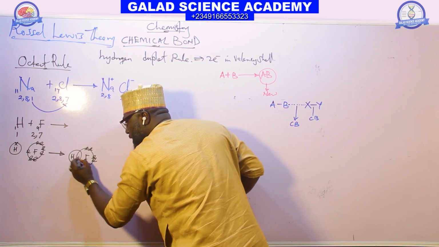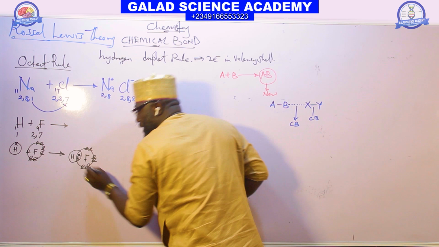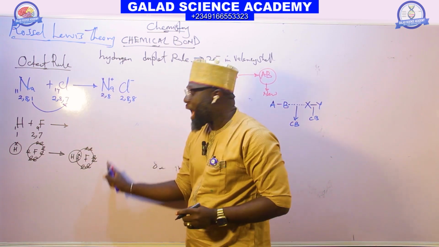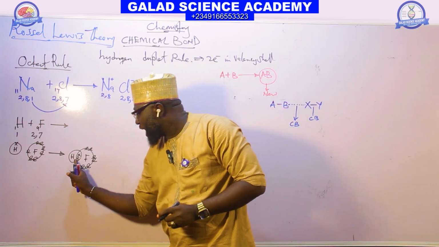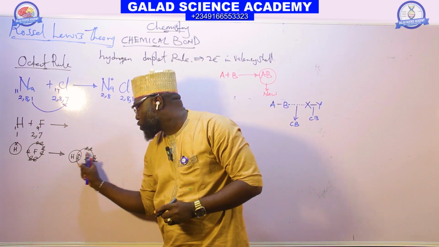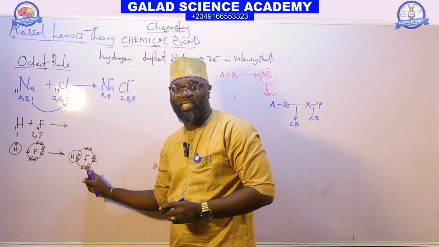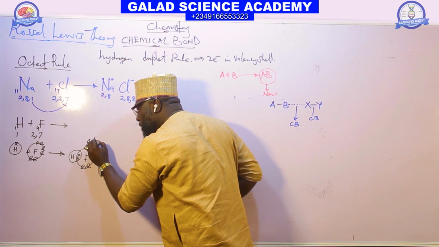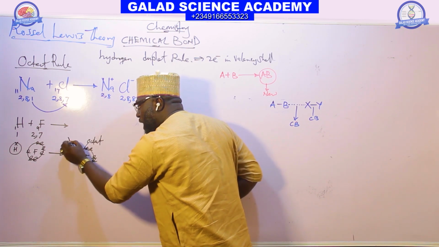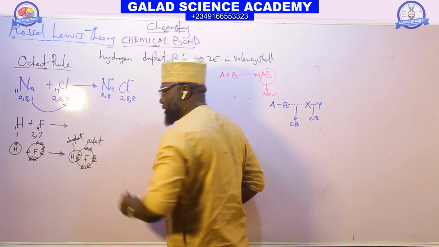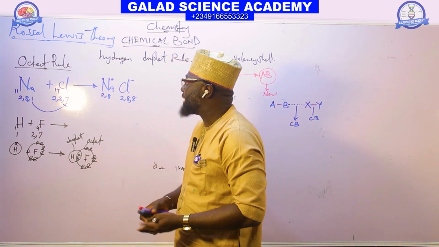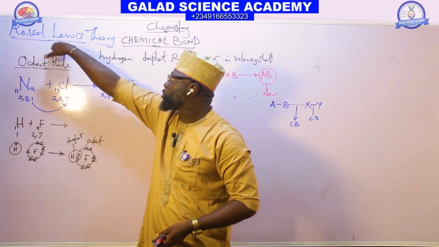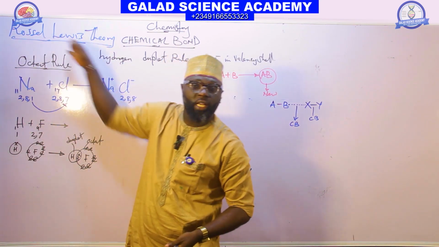This one here is E, this is X. The two of them overlap. After bonding, the hydrogen has how many electrons? The other one shares, so 2. Fluorine has 8. This one undergoes octet, and this one undergoes duplex. That is about the octet rule by Lewis.